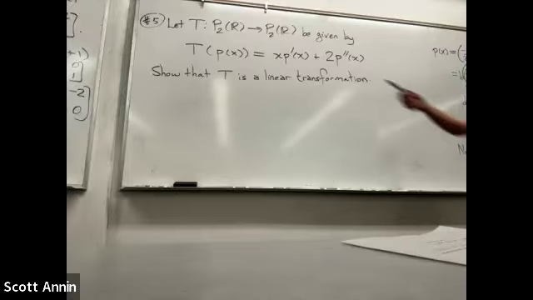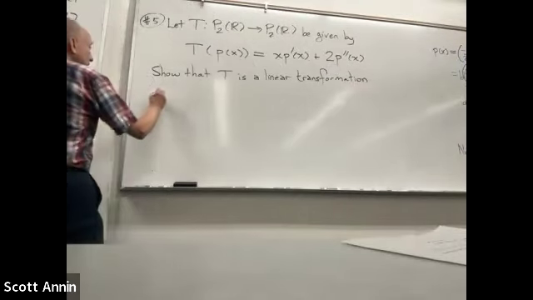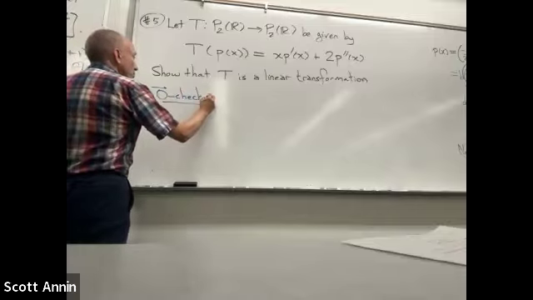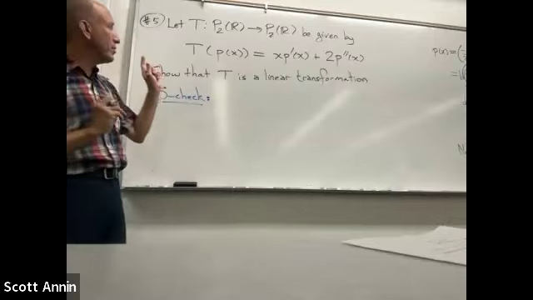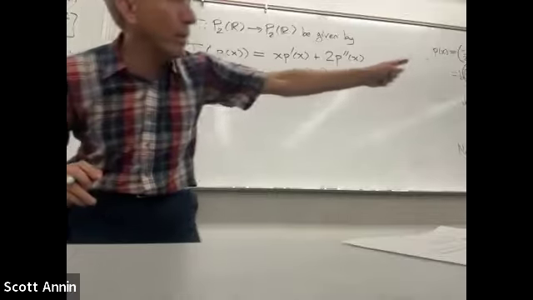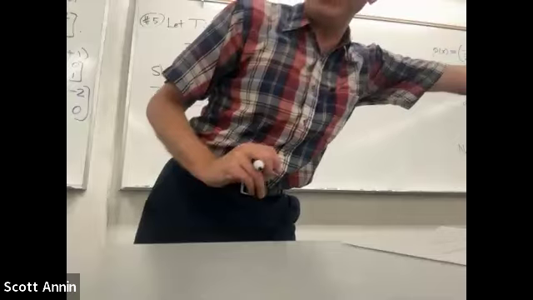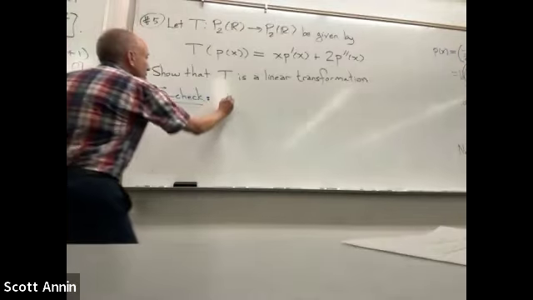In this case, if you do the zero vector check here, so what is my zero vector check? My zero vector check is if I plug in 0 into T, I should be getting 0 out of the other side of T. Does that happen with this formula?